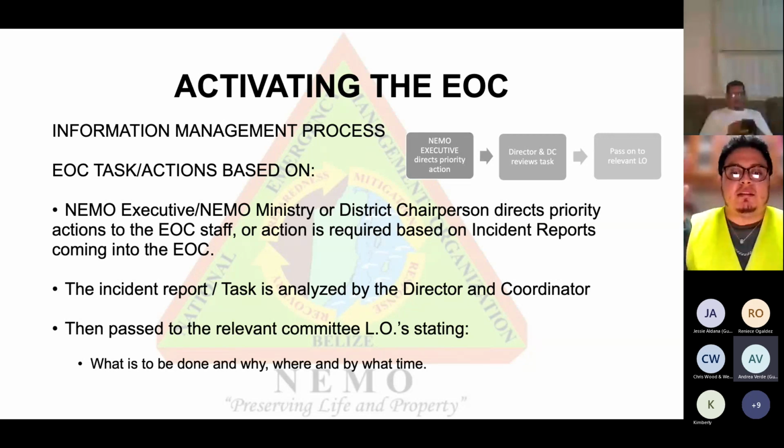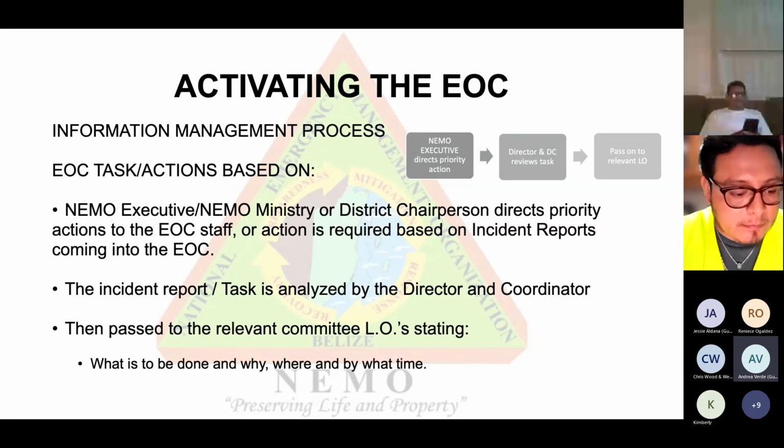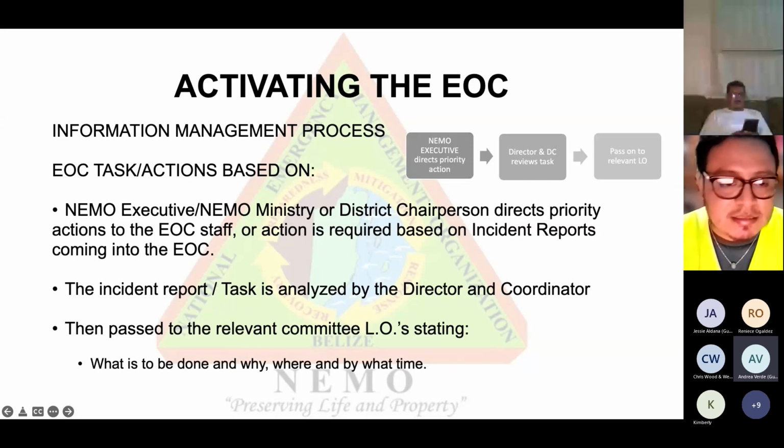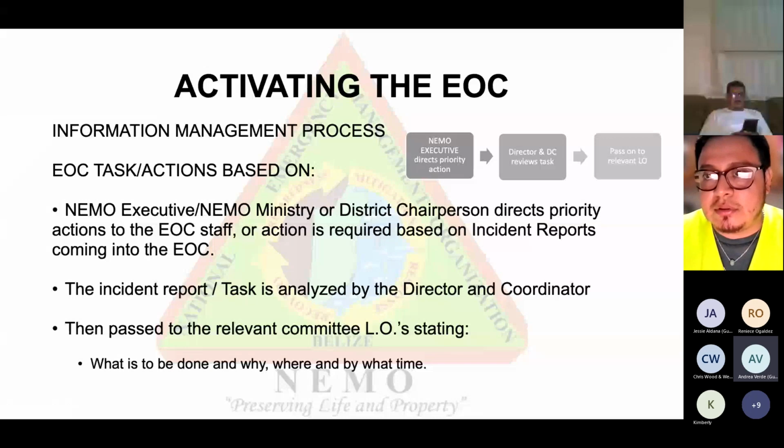Remember I explained that the district chairperson is supposed to be a minister. Does anybody know who is the chairperson of Corozal? Anybody from Sardinia that probably got assistance from the Eta and Iota situation last year?